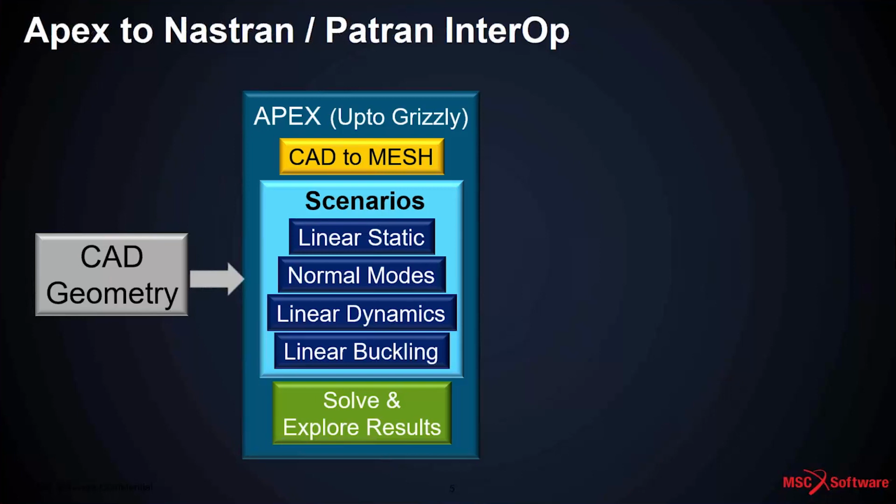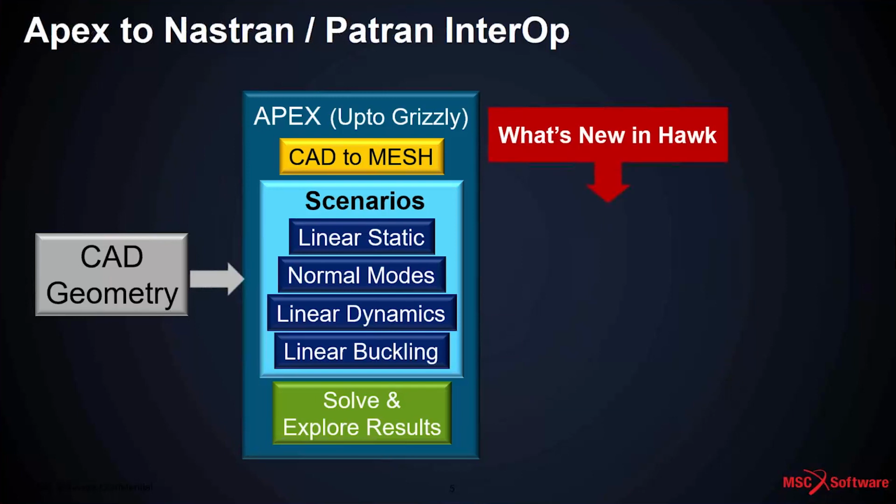Today, what you can do in Apex is to do the CAD to mesh and set up the scenarios for conducting the linear static analysis, normal modes, and linear dynamics, in particular the frequency response analysis and linear buckling. All these simulations are supported with the integrated solver inside Apex, and also you can explore the results within Apex.